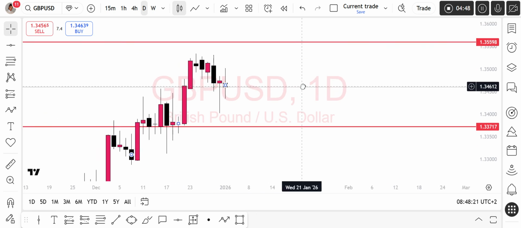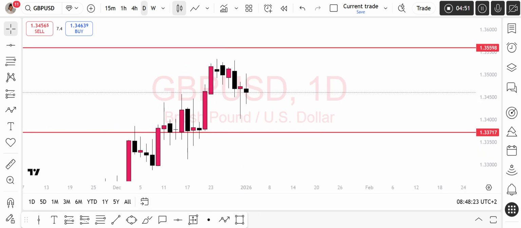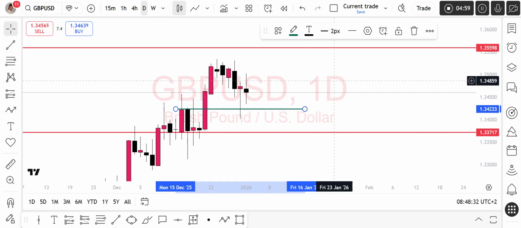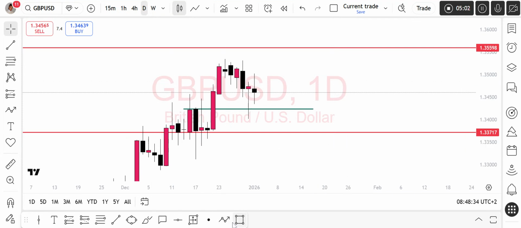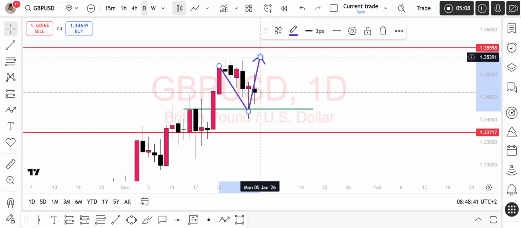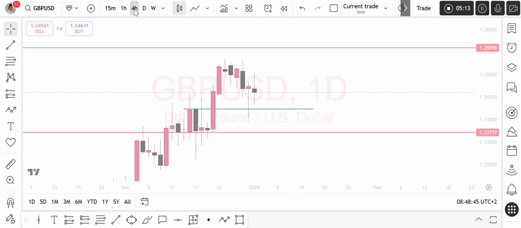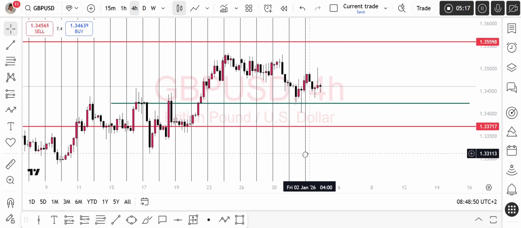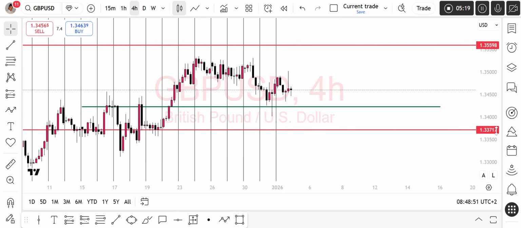But now when we go down to the daily, right, we see that okay, there is this area over here, right? This area over here is an area that ideally market would have come to, right? Enter trade to buy to the top side, which is what we will see when we go down to the 4 hour time frame. And we see exactly that.